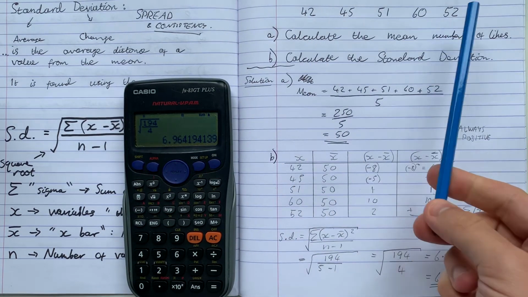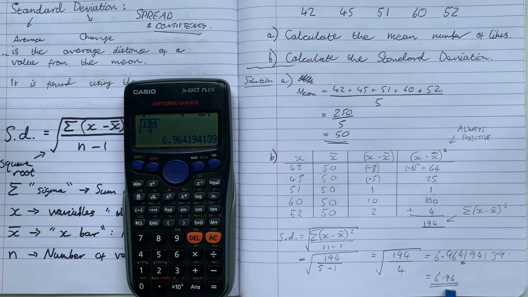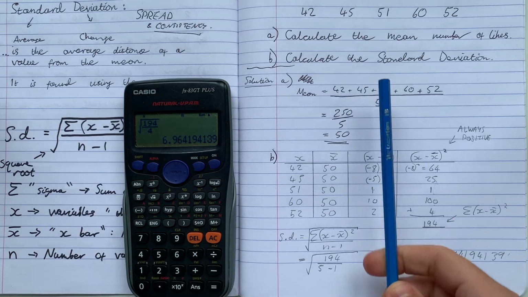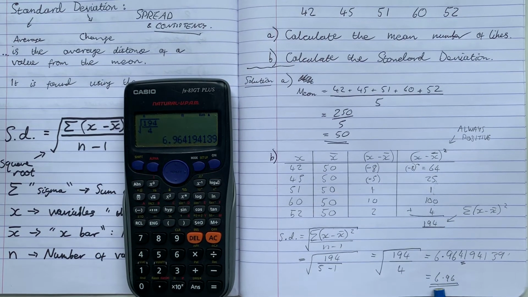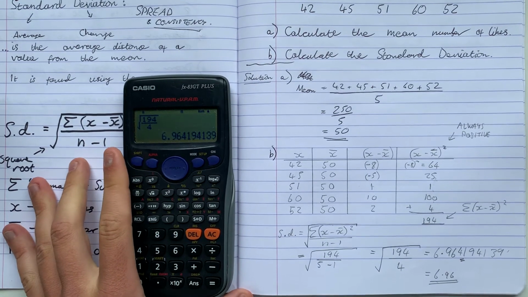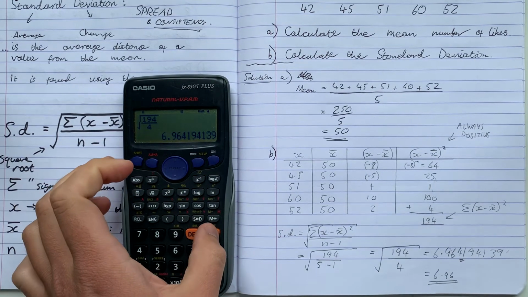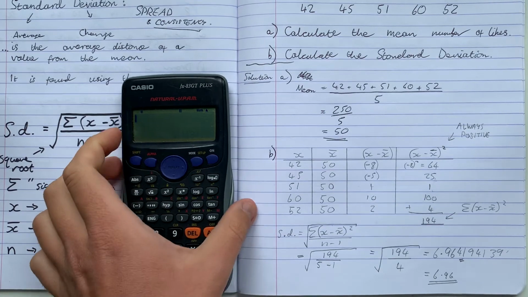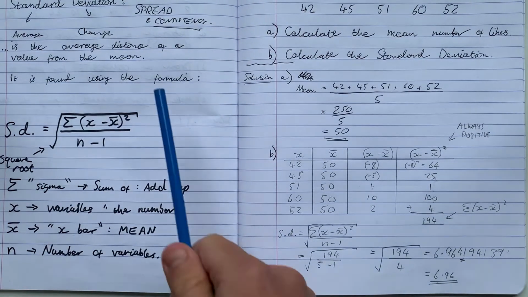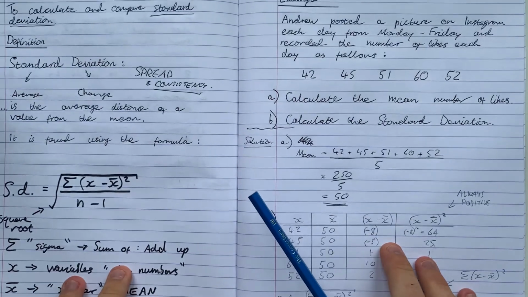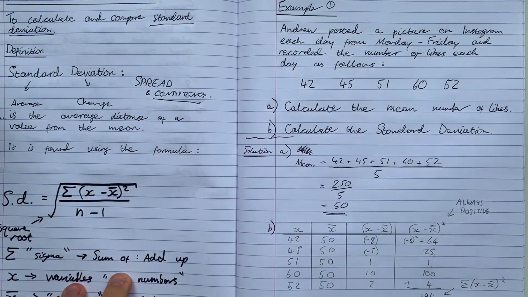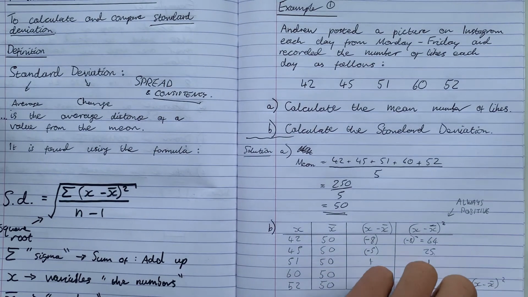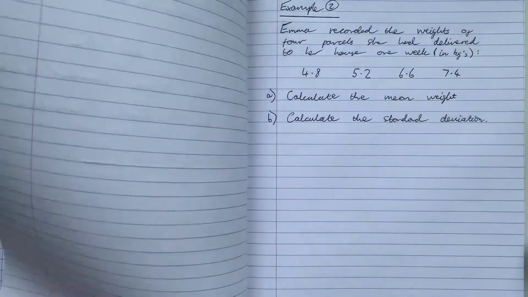So in other words, the standard deviation tells me that on average each day I was 6.96 likes away from my average of 50 likes. Now that might be slightly confusing to think about, but it does make a bit more sense once we look at the second part of our learning intention, which was comparing standard deviations, so comparisons. So let's try an example on that then.